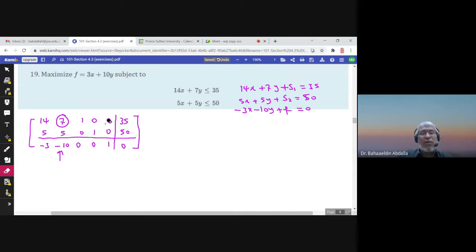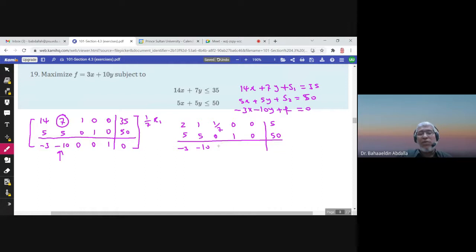Now I will divide row 1 by 7. 35 divided by 7 is 5. And I will write the other rows without any change.